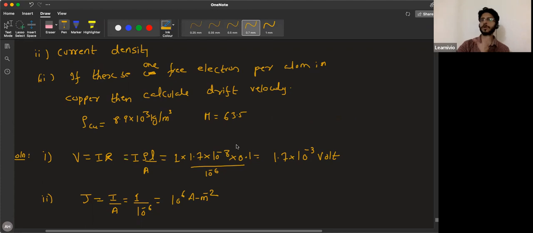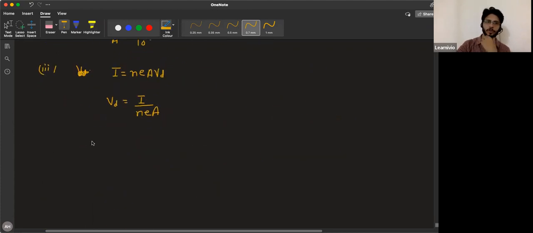We need the number of copper atoms in 1 meter cube of copper. So the volume of copper is 1 meter cube. This is what small n is. Now, what is small n? Small n is the number of electrons per unit volume.